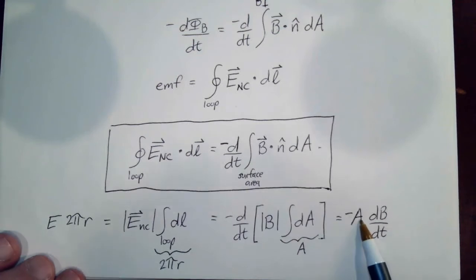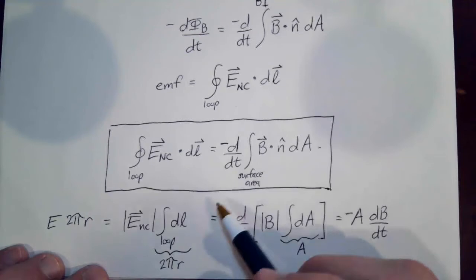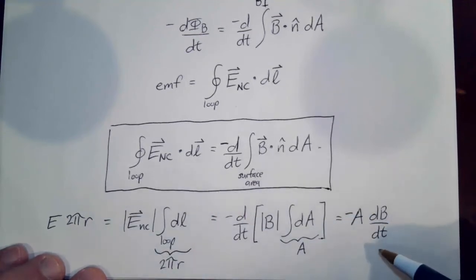We could also simplify this area over 2 pi r, since this area is pi r squared, since I was talking about a circle. And I can divide the 2 pi r over. Okay, so this should be enough information to get you through checkpoint 4 in chapter 22.